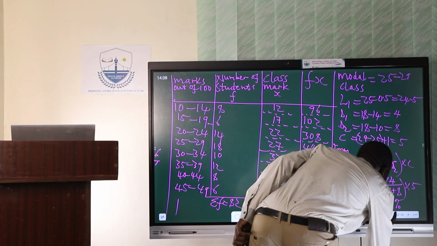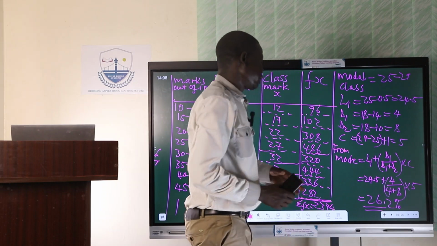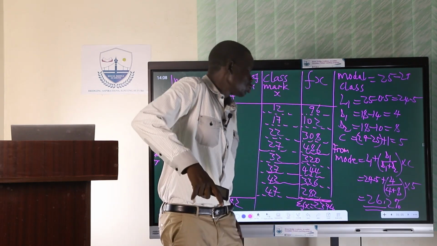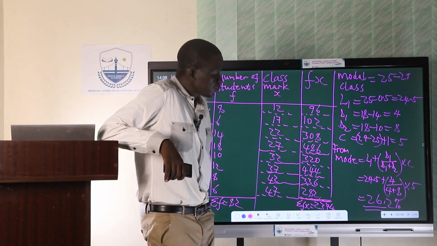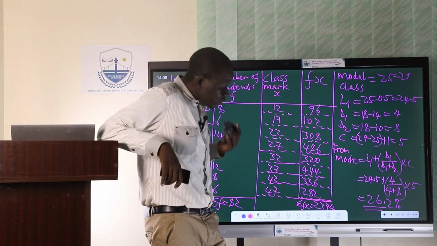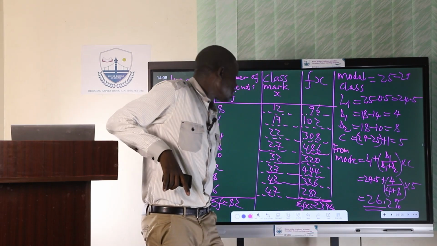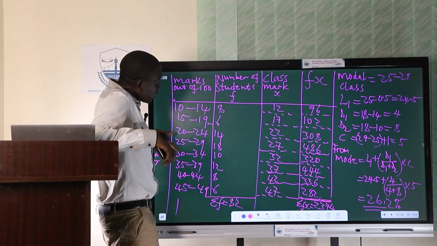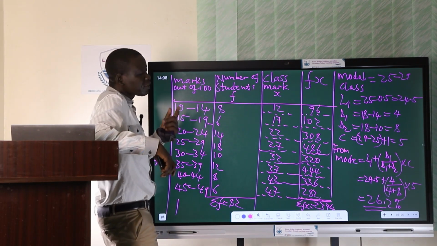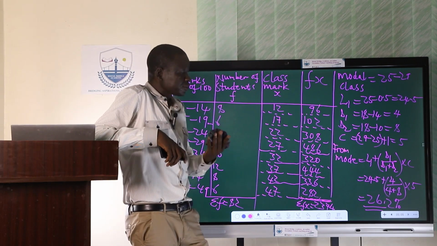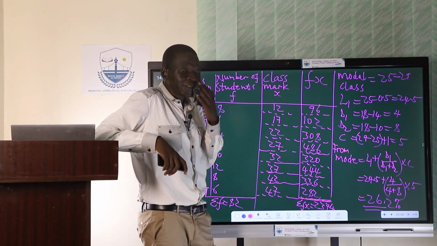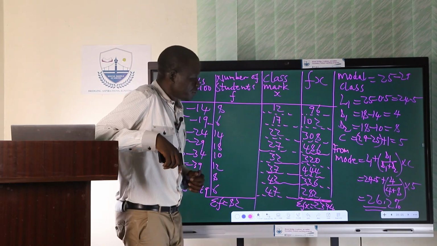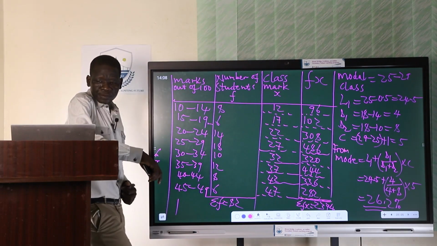So this gives us the value of the mode. To prove that the answer is true, when we look at 26.2, it is a figure which lies within the modal class. It lies between 25 and 29. So that gives us the value of the mode.